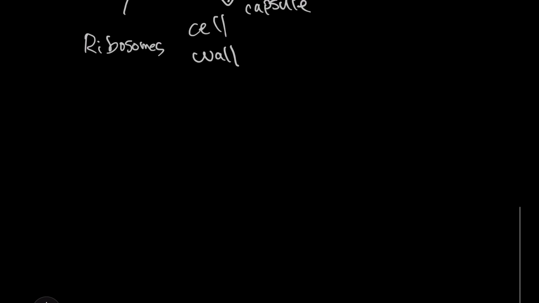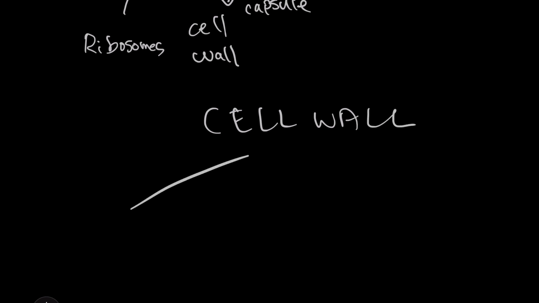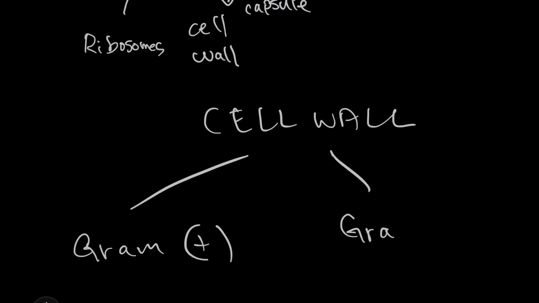Now let's take a closer look at the cell wall. The cell wall of bacterium is divided into two types, gram-positive and gram-negative.